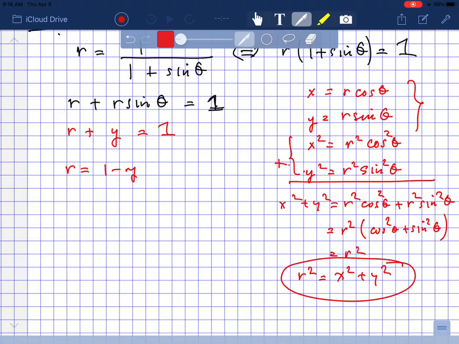Right? So I want to use that over here. But I just have an r sitting here, and what I really need is an r squared. So I'm going to square both sides of this equation. And now I'm going to replace my r squared with x squared plus y squared.